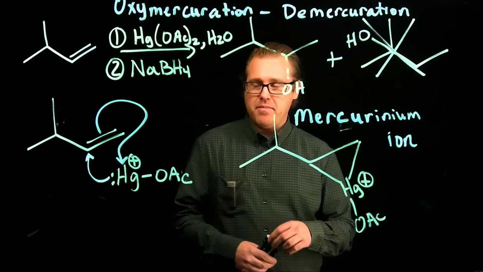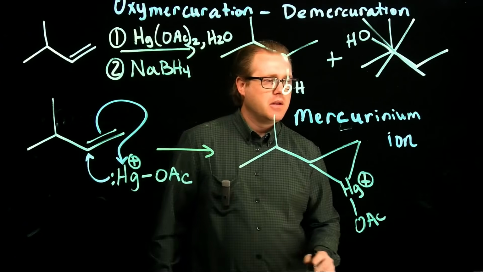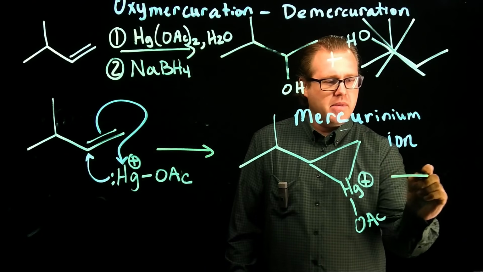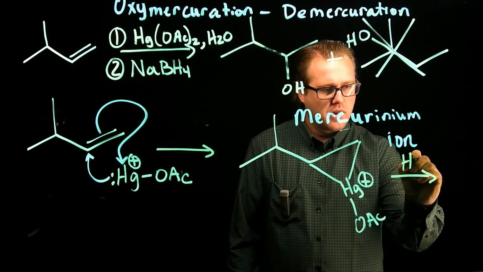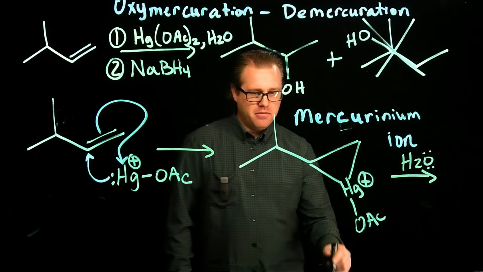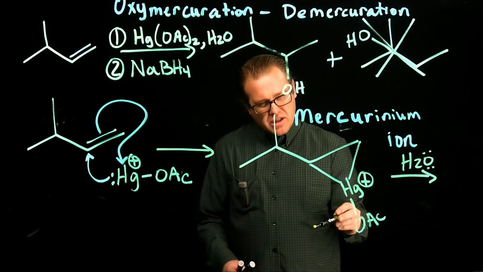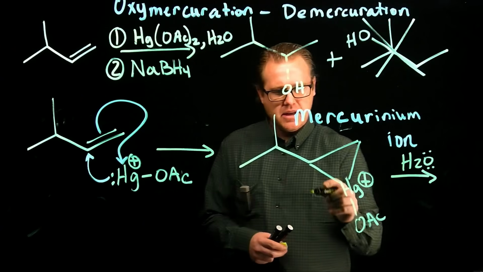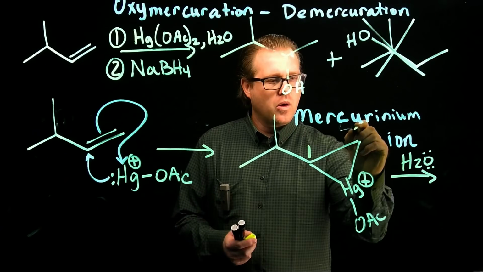Now the next step in the mechanism, so this went to there. The next step in the mechanism is water reacting with the mercurinium ion. So the question then is, does it attack this carbon, I'll call it carbon 1, or carbon 2?